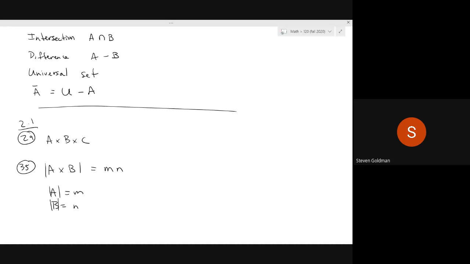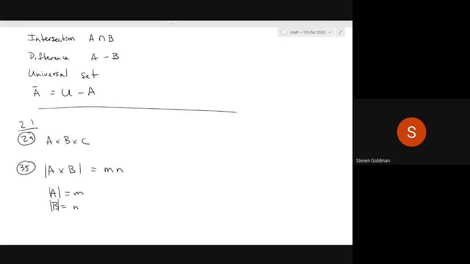Let's move on to the next one. Somebody also asked for 2.1 4C. So let's do that, and then we'll move on to 2.2.